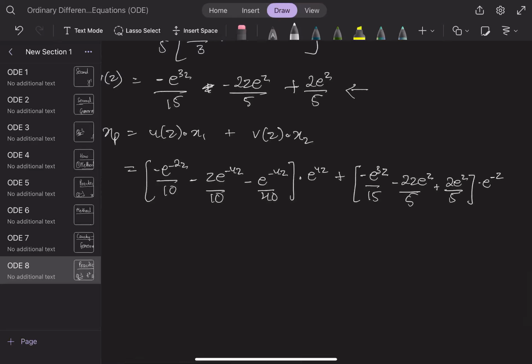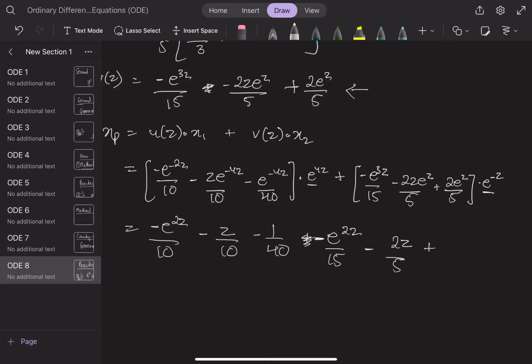So we can simplify this. Let's multiply the e raised to 4z and e raised to minus z with the brackets. So we're left with minus e raised to 2z by 10 minus z by 10 minus 1 by 40 plus, sorry, minus e raised to 2z by 15 minus 2z by 5 plus 2 by 5.